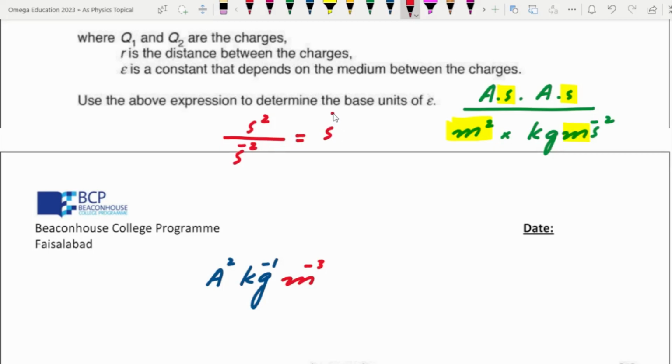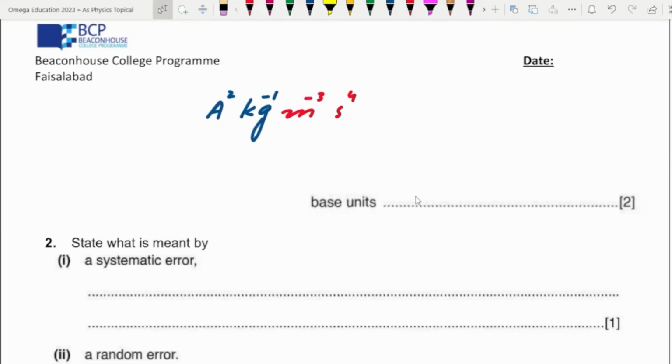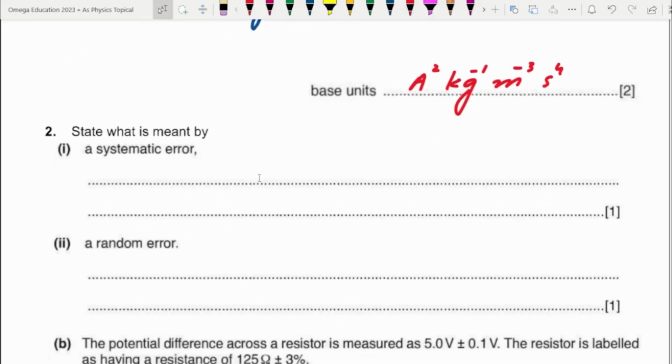The negative 2 once shifted upward would be plus 2, so I get a total of s raised to the power 4. So the final answer for this one would be A^2 kg^-1 m^-3 s^4. The order is not important. You can write in any order, but the exponents have to be exactly the same.